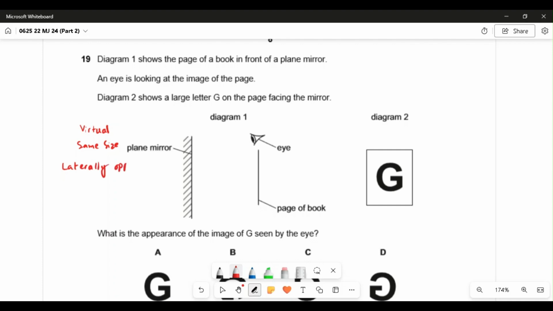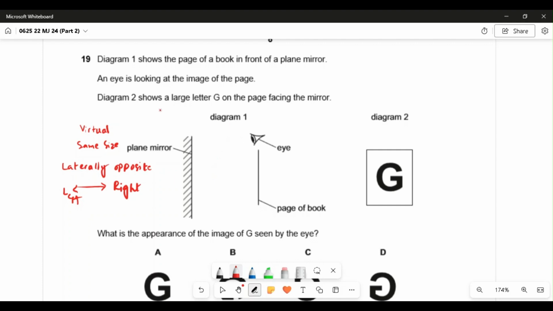What does it mean? It means that left and right will change, but up and down will not change. So it can be having left to the right.